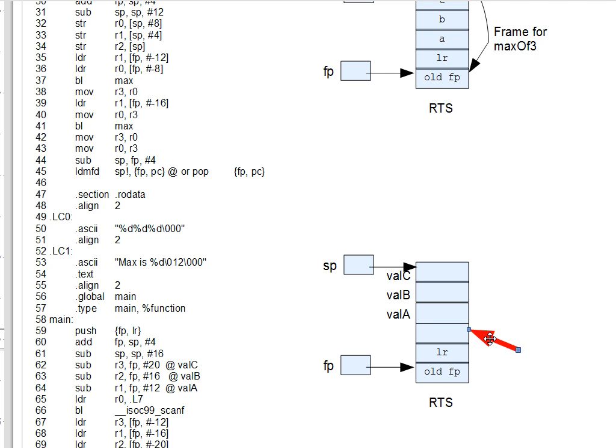So question 3. How about the LDR R0, .L7? What's that about? And can you replace it with a version that doesn't use .L7?